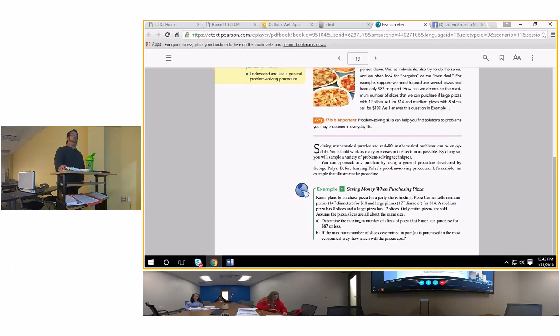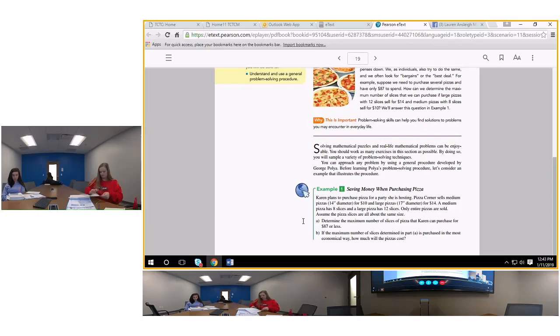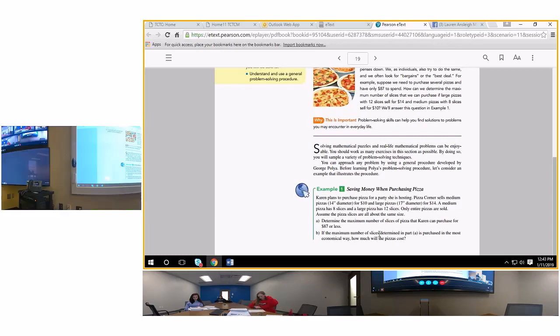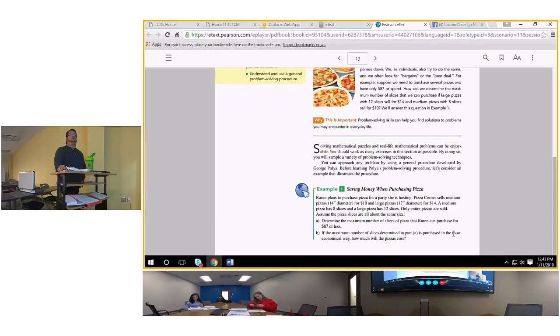Assume the pizza slices are about the same size. Determine the maximum number of slices of pizza that Karen can purchase for $87 or less. If the maximum number of slices determined in Part A is purchased in the most economical way, how much will the pizza cost?